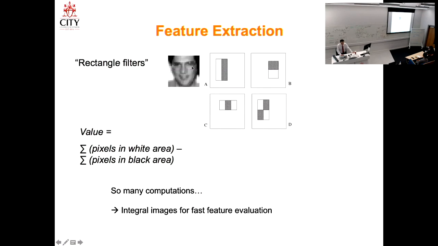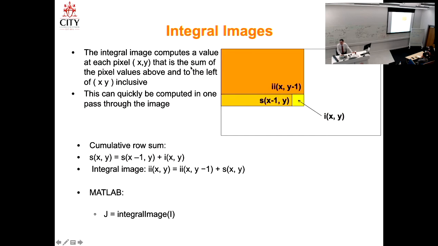This is the naive way of doing it, and the more interesting way is to generate something called an integral image. The good news is, in MATLAB it's just called J is integral image of I. So you don't need to worry about it, but it's very simple. It's not one of those complex ones. This value in your integral image is the sum of all previous values.